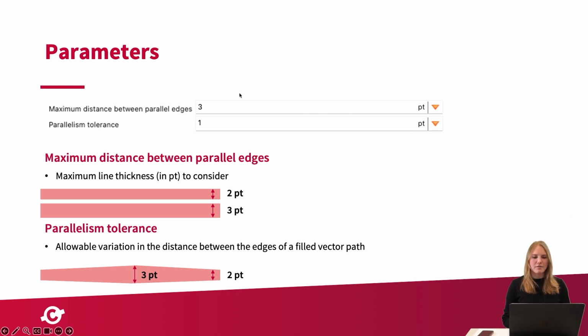So if I have set my values, as you can see here in my screenshot, all of these 3 example lines or filled vector objects would be converted into stroke, because all 3 of them are not thicker than 3 points. And the maximum tolerance between the edges of the filled vector object is not higher than 1 point. So I hope this slide makes it more clear what these 2 parameters mean.